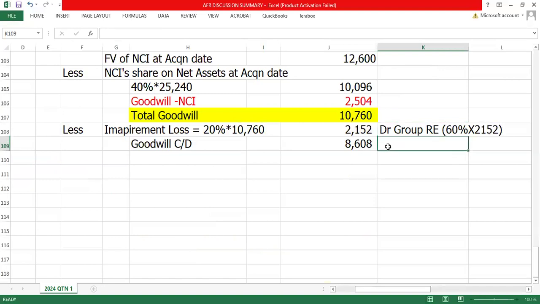Then the other one, you also debit the NCI by 40% of it. Why are you bringing NCI here? Because the goodwill of NCI is positive. Then the remaining balance goes to what?